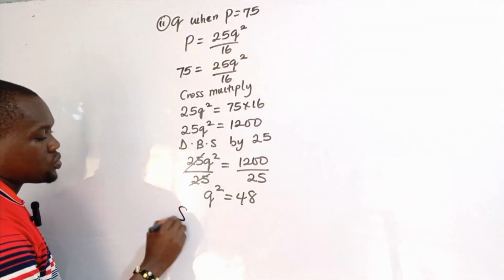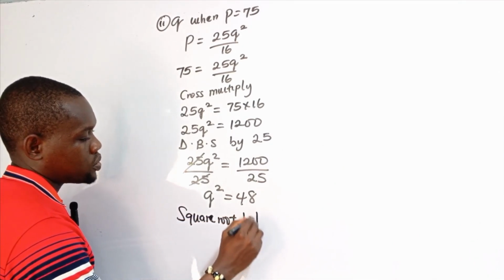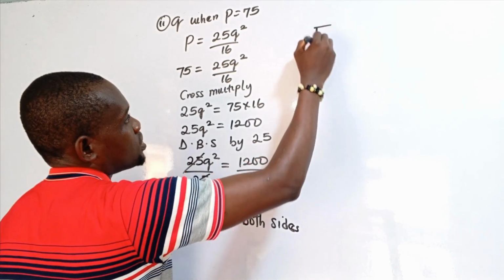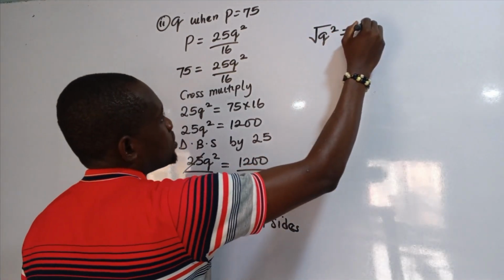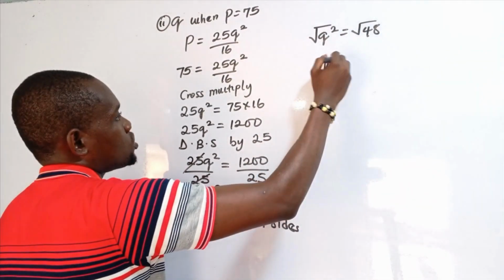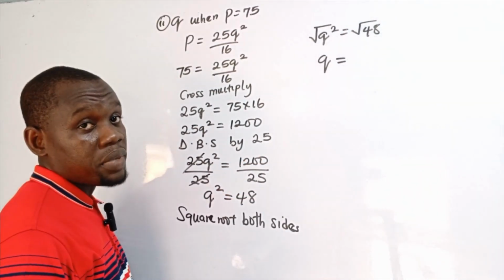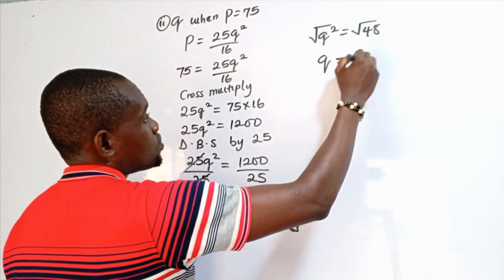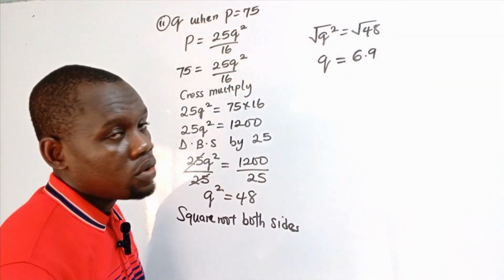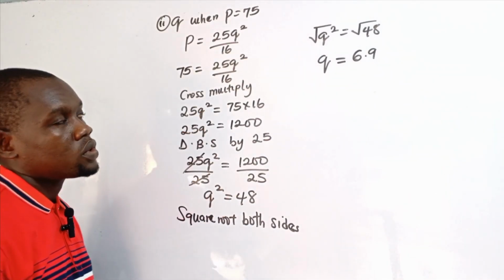So we are going to write square root both sides. So we are now going to have it here as square root of Q squared is equal to square root of 48. So at the end, Q will come out of the square root sign. And by the time we square root 48, though it's not a perfect square, we are going to have 6.9 as our value for Q. So that is the value you get when P is equal to 75.